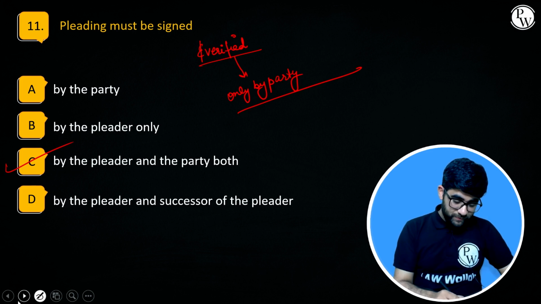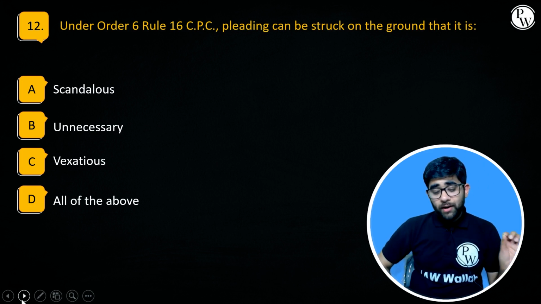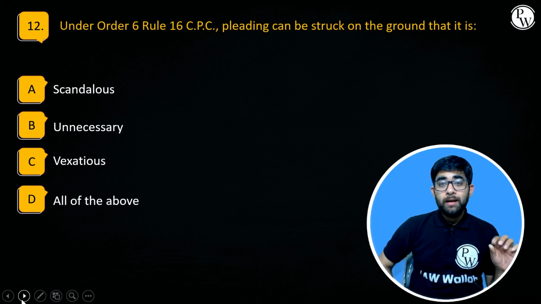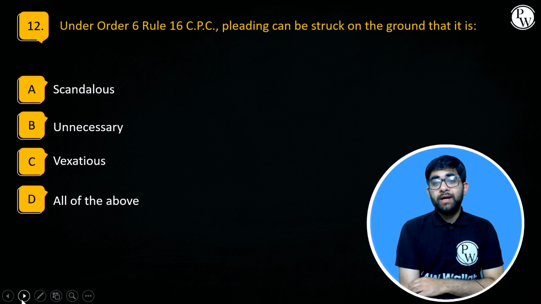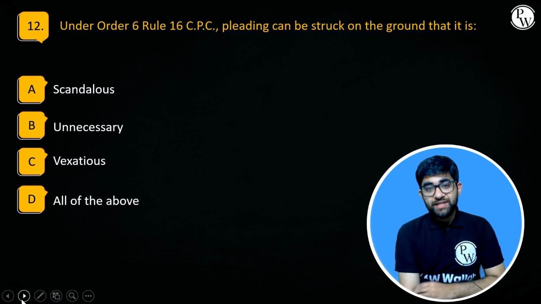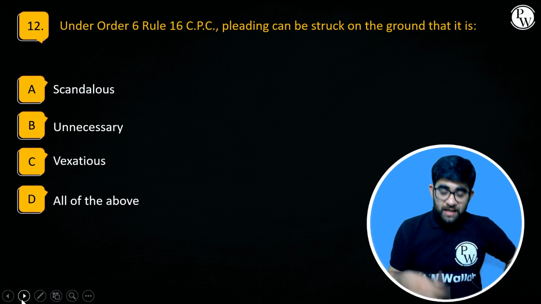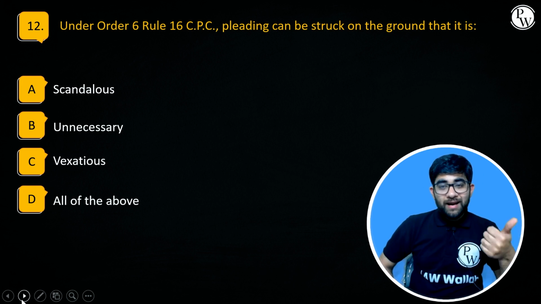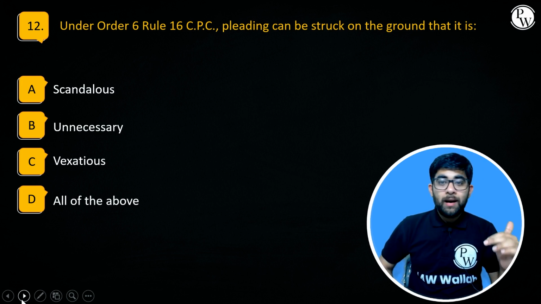Next, under Order 6 Rule 16, a pleading can be struck out on the ground that it is scandalous, unnecessary, vexatious, all of the above. You can strike out the pleadings or you can amend the pleadings.